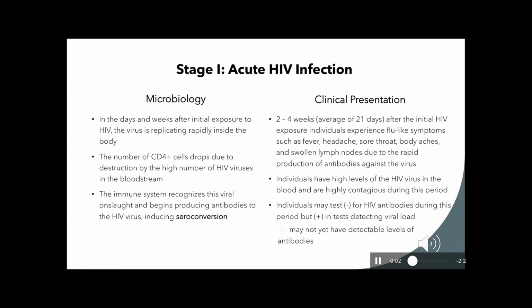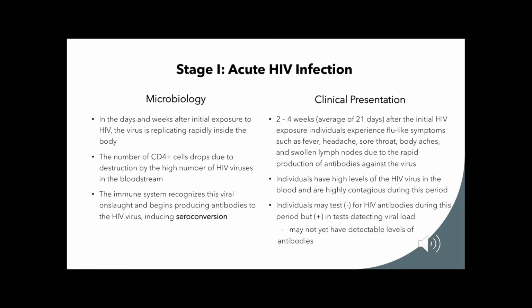Stage 1 is the stage that describes the acute HIV infection. So in the days and weeks after initial exposure to HIV, the virus is replicating rapidly inside the body. As a result, the CD4 cells drop due to the rapid destruction by the high number of HIV viruses in the bloodstream. Since there isn't an immune response yet, the HIV virus can replicate uncontrollably.